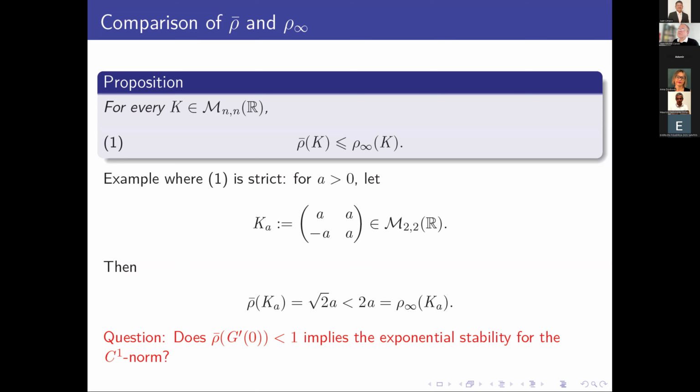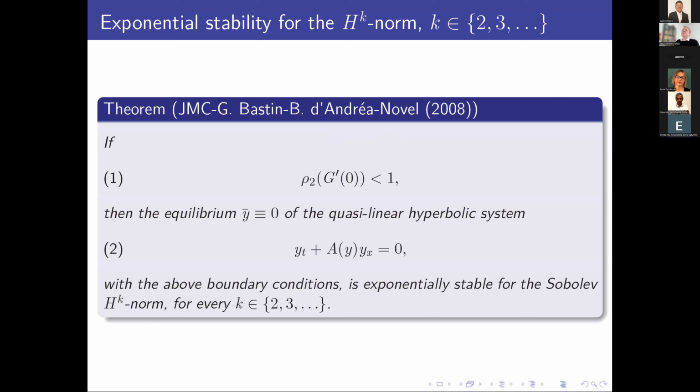Before giving some result on this, let me point out that it's also possible to consider the Sobolev spaces. This is what I did with Georges Bastin and Brigitte d'Andrea Novel. We have another condition, which is rho 2 of g prime of 0.